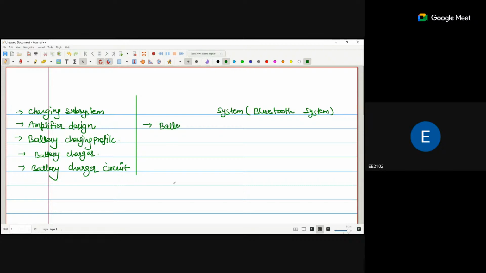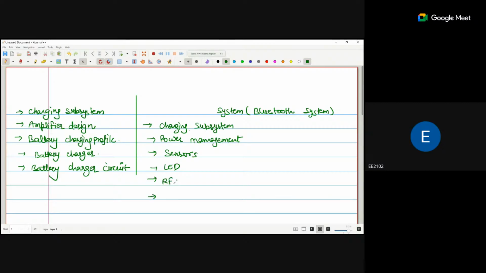One is the battery subsystem, then power management subsystem, battery or basically charging, then sensors, LED, RF, I think so.